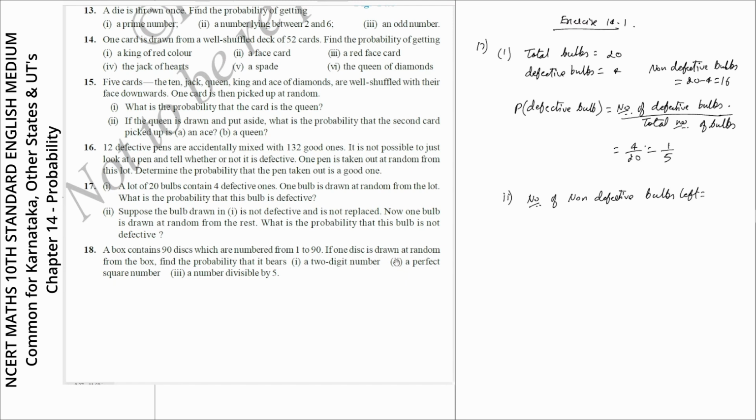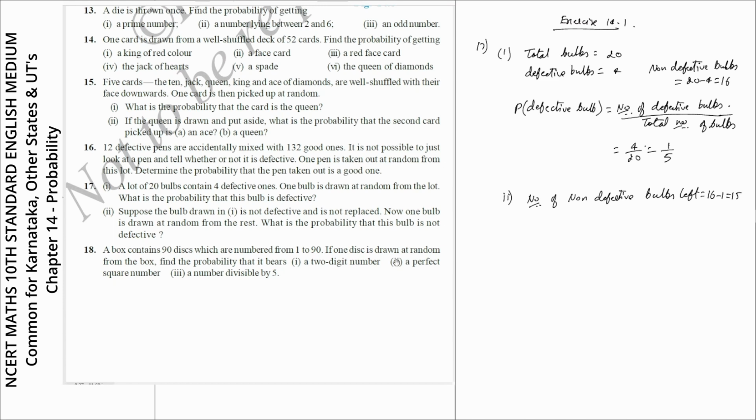See, in first case, one bulb is drawn and that bulb is not defective, they are telling. Therefore, now the total number of non-defective bulbs left will be 16 minus 1 is equal to 15.